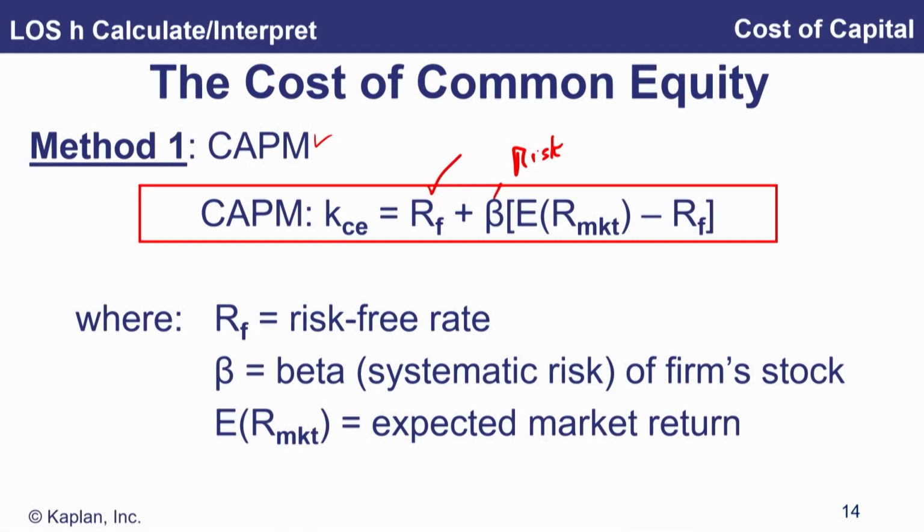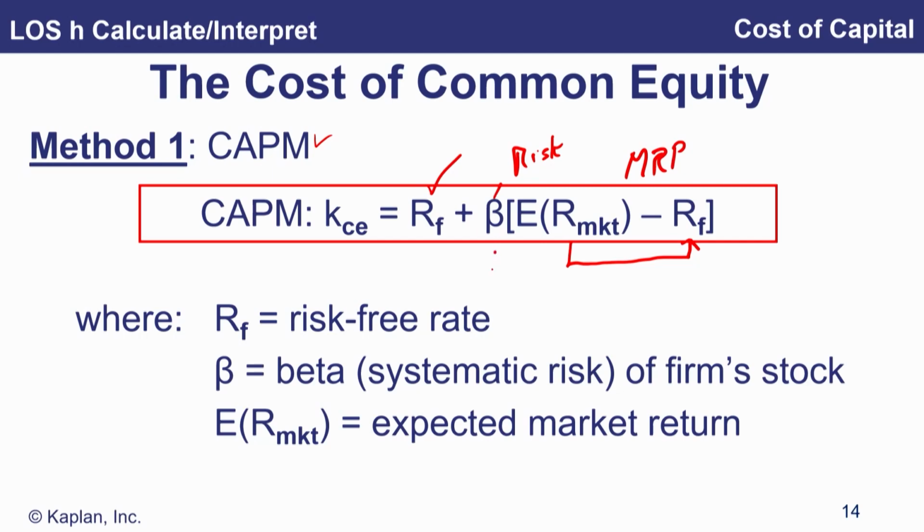Some may have less. So we can have a beta between, under 1, above 1, whatever. But the beauty of this equation here is it says, well, the difference between the expected return on the market and the risk-free rate, that is our market risk premium, MRP, market risk premium.